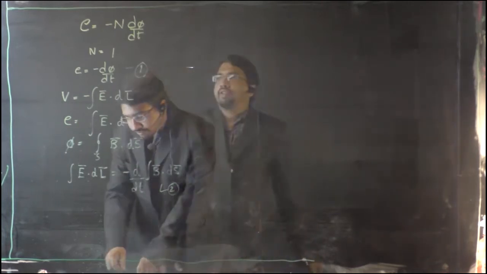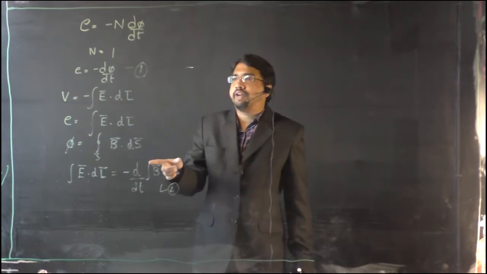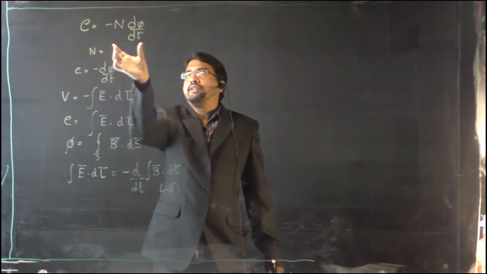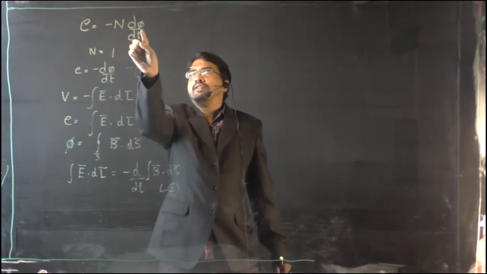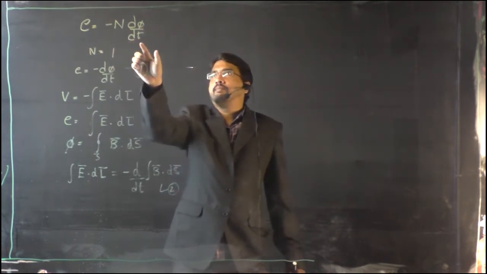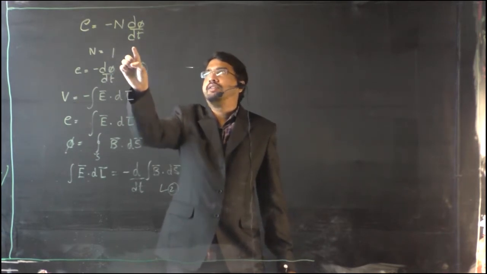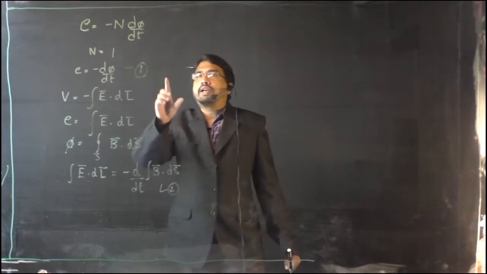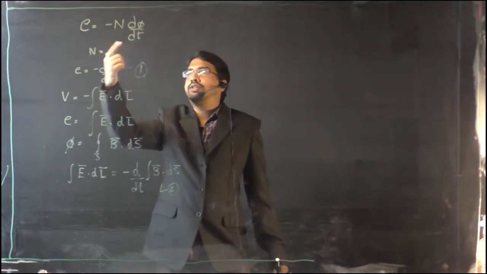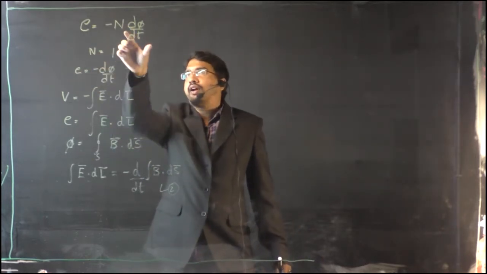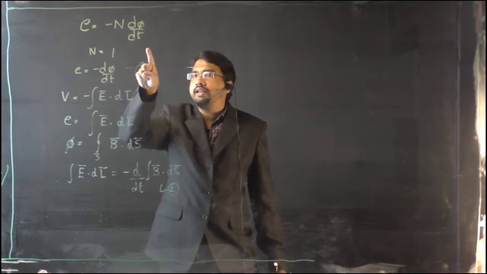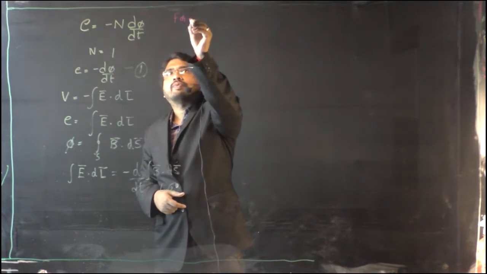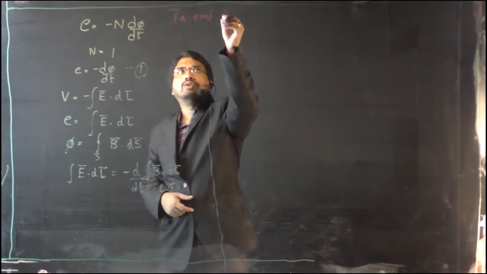Now if Faraday's law is to be satisfied, and if you want some EMF to be induced in a circuit, then first what is to be done? This flux should be varied, magnetic field should be varied, then only the EMF will be induced. So what are the conditions in a circuit for the flux or magnetic field to vary and for the EMF to be induced?